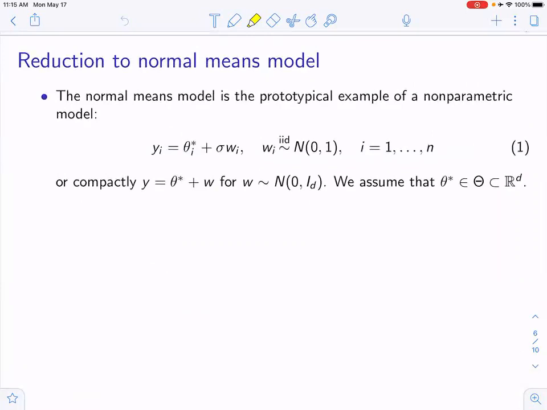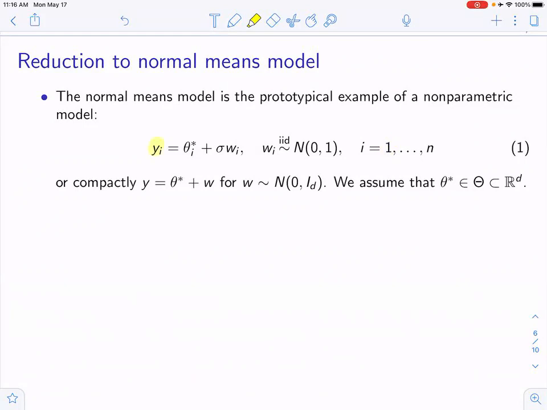So what I'm now going to do is argue that this model can be reduced to this normal means model. This is a very interesting model, and many statistical problems can be reduced to this or variations of this, including non-parametric problems or high-dimensional problems. So the normal means model is the model in which you observe y_i, for i from 1 to n.